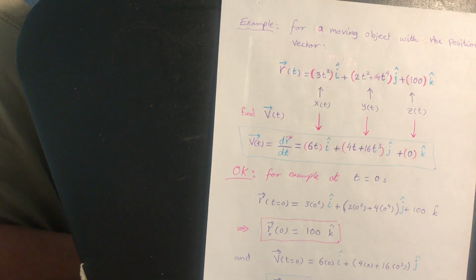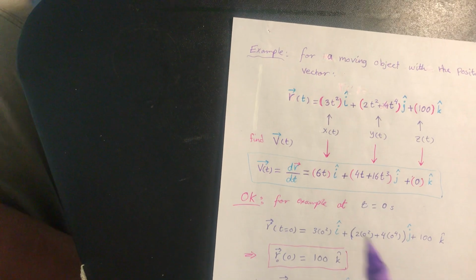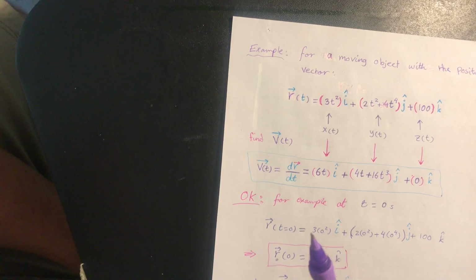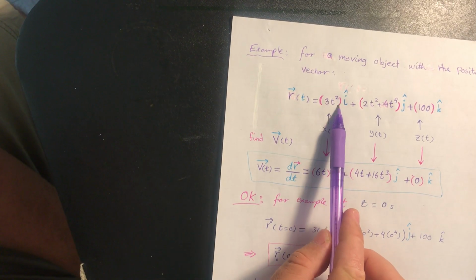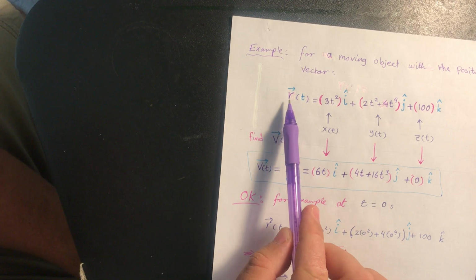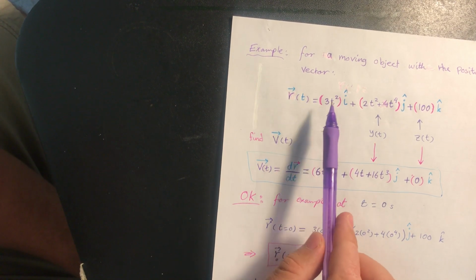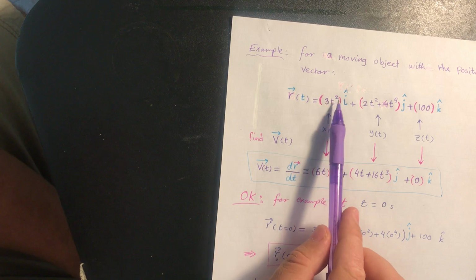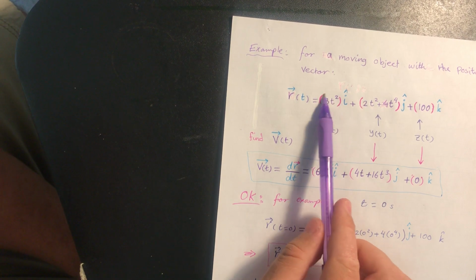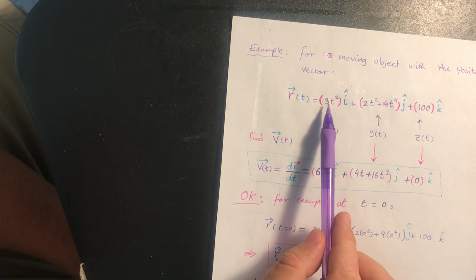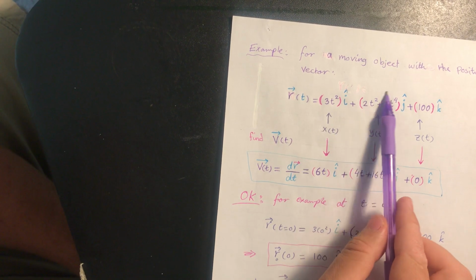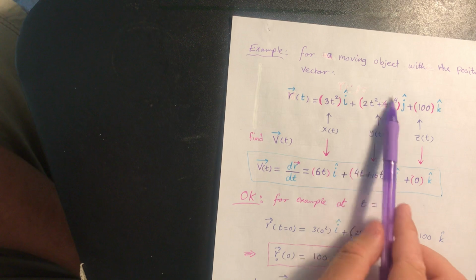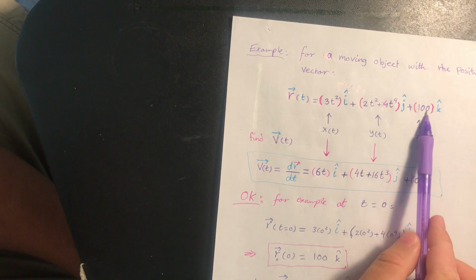Also, you need to be careful that by dimensional analysis, r is a position, so it is a length. Then the whole term 3t squared is a length, so the 3 here has units. Also, each term is a length, and 100 is a length.